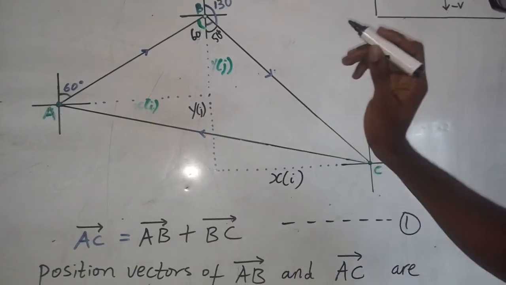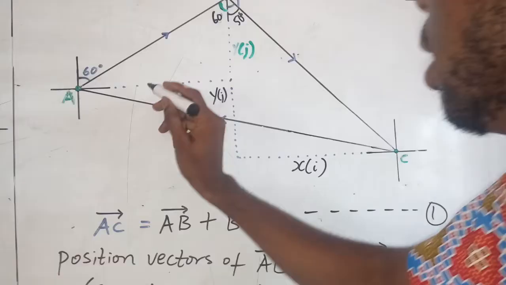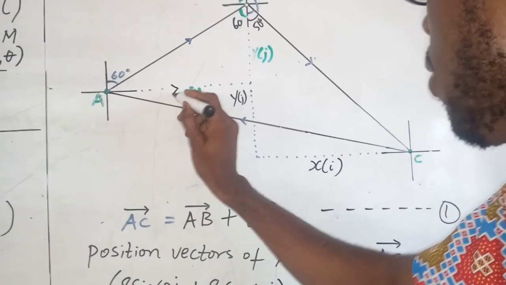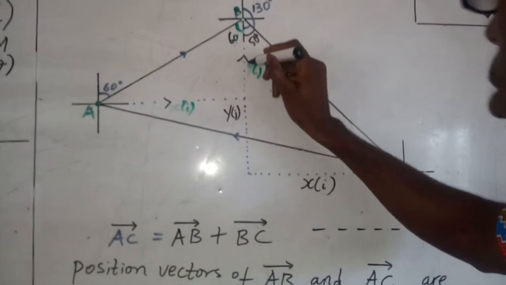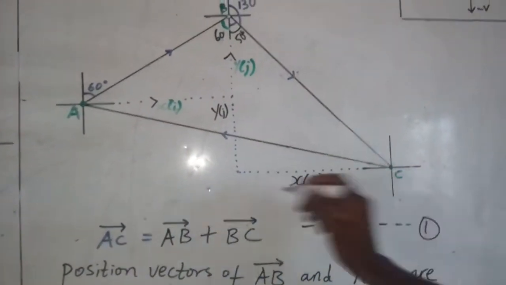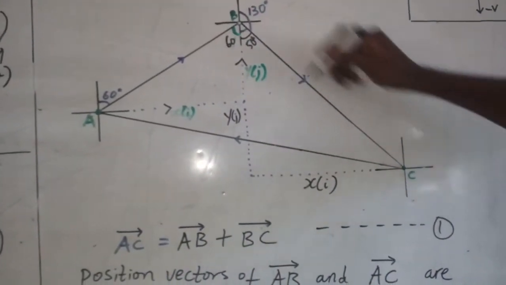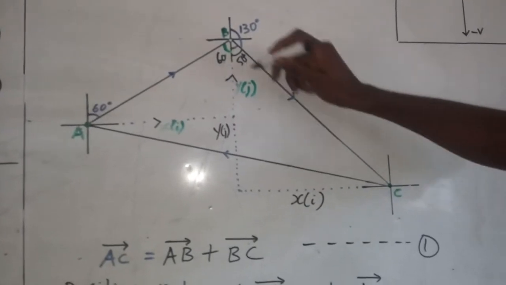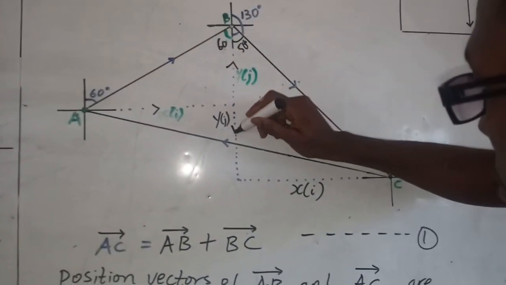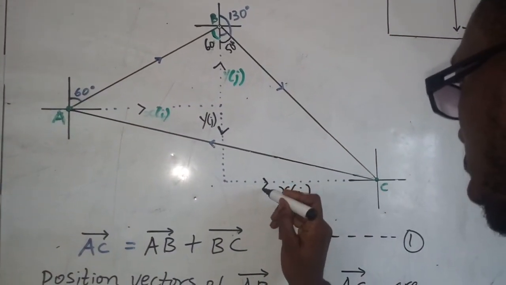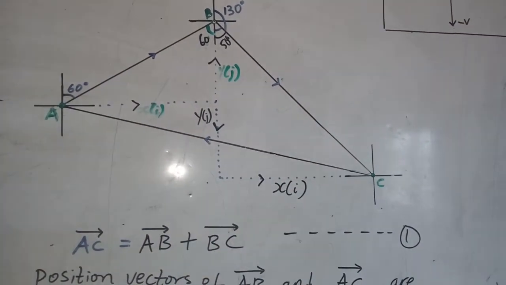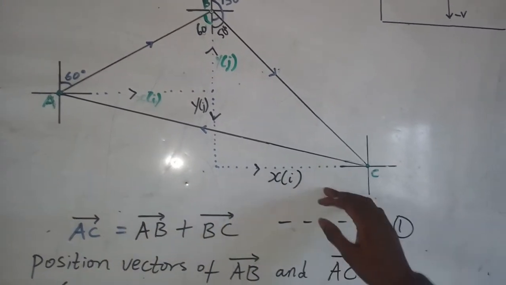Now you have to observe the direction in which each vector moves. This one moves in this direction, and for this one, this is the direction. For this particular one, this main vector goes like this, from here to here, and from here to here goes this direction. This is very important because it's going to tell you the sign of the x component and y component.